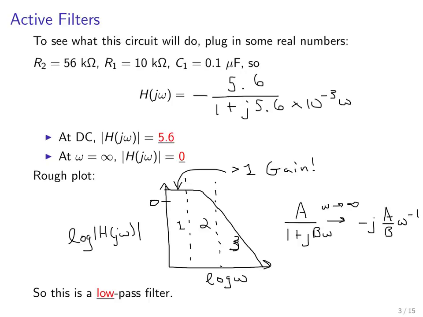Because we can start neglecting the 1 in the denominator here. So if you take the log of that, of course you get a minus 1 in front in the magnitude, and so then it's going to be linear in log omega on a log-log plot.